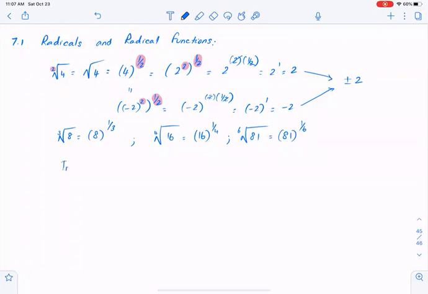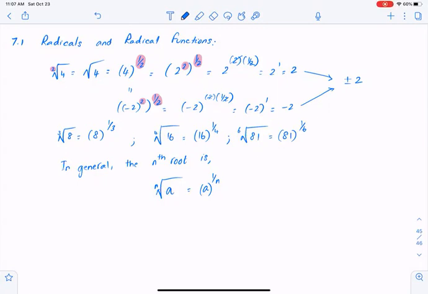In general, the nth root is the root sign with n, and it is equal to a raised 1/n.